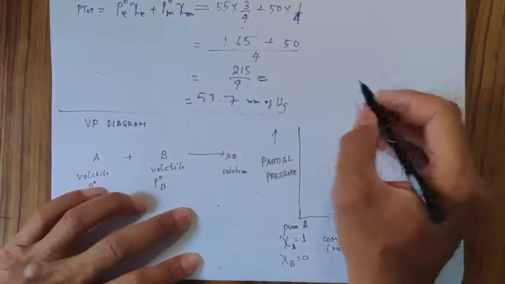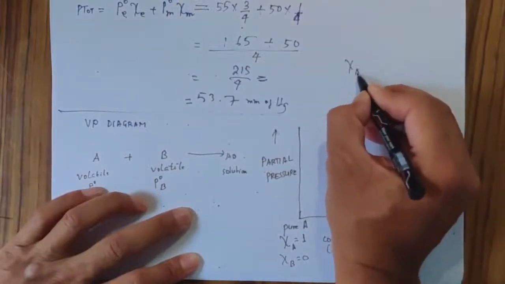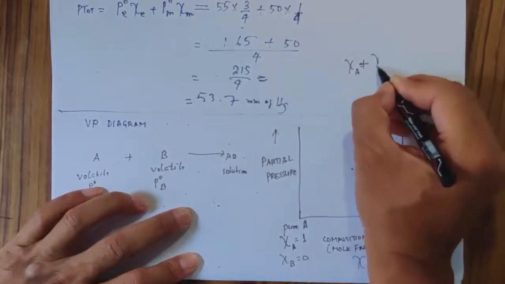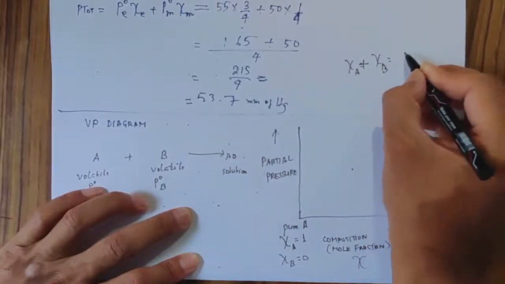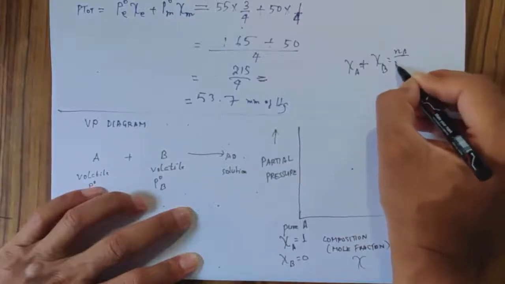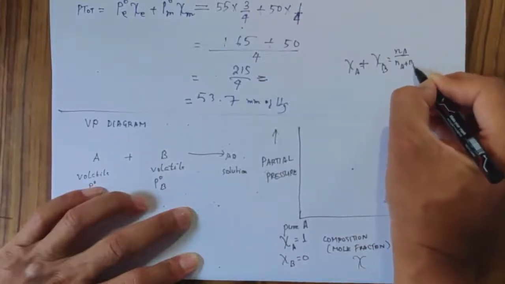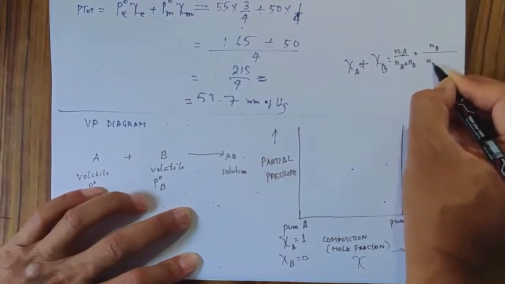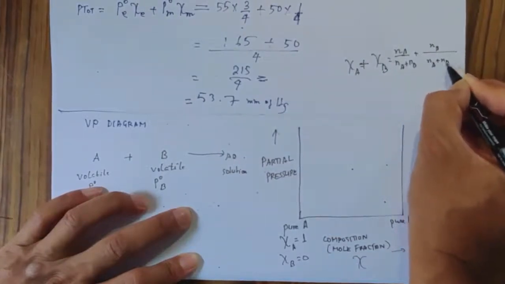Mole fraction of A plus mole fraction of B: mole fraction of A is Na over Na plus Nb, and mole fraction of B is Nb over Na plus Nb.